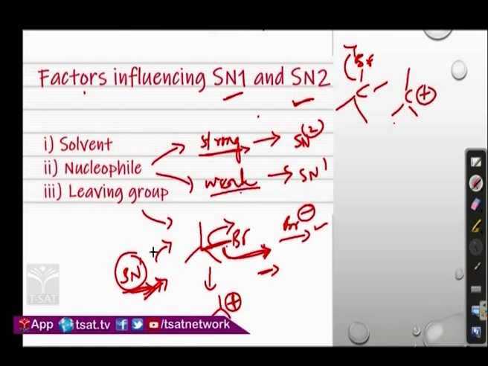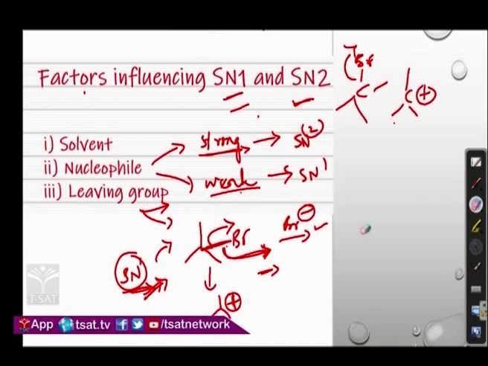It's not that the SN2 reaction becomes slow if the leaving group is readily leavable. A good leaving group increases the reaction speed, but it is more tending towards the SN1 type, not SN2.